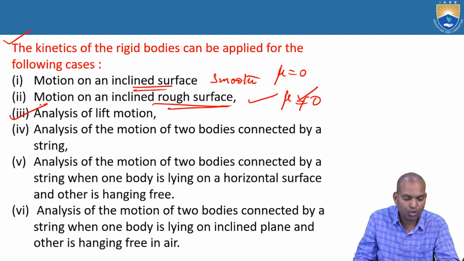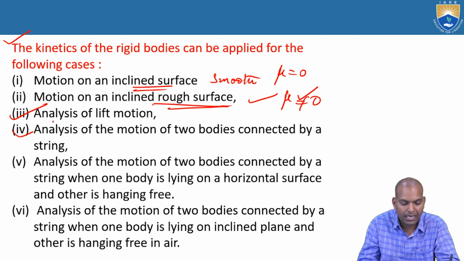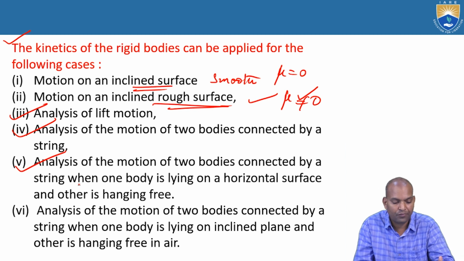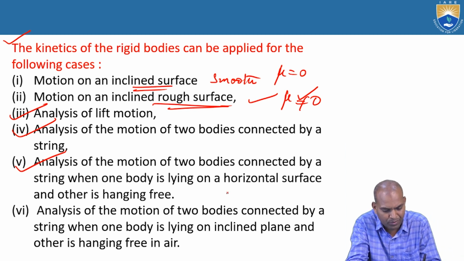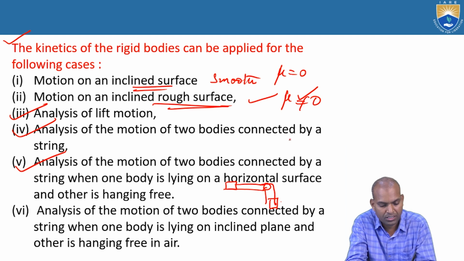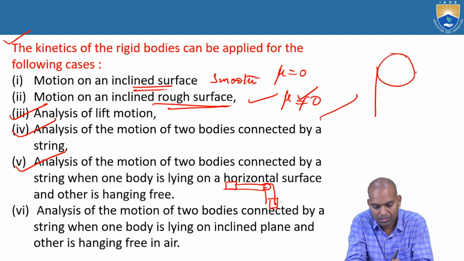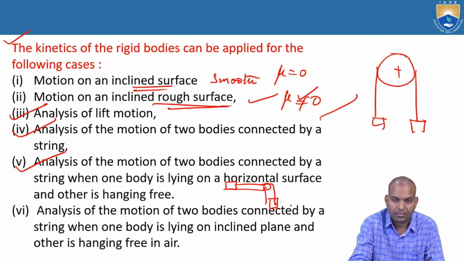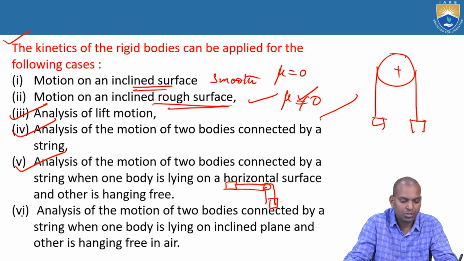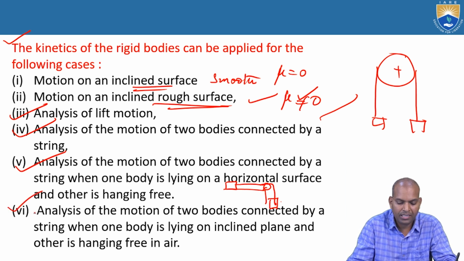And analysis of lift motion, where the lift is moving upwards. And analysis of the motion of two bodies connected by a string, when one body is lying on a horizontal surface and the other body is hanging free. The next one is analysis of the motion of bodies when one body is lying on an inclined plane and the other is hanging free in air.